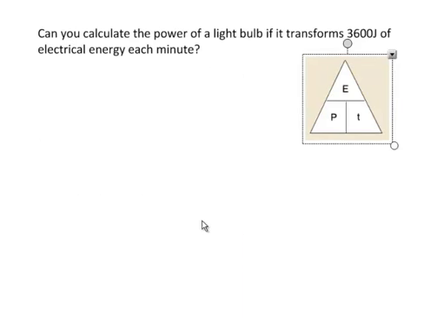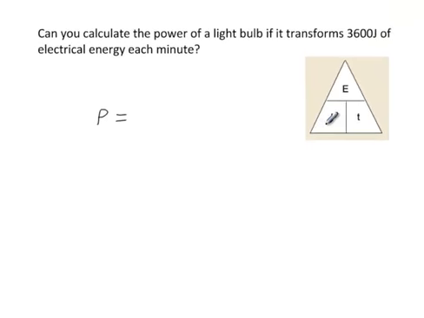Okay, here's a question we can have a go at. Can you calculate the power of a light bulb if it transforms 3,600 joules of electrical energy each minute? Well, I need to calculate power. I need P equals, well, I can look at my triangle, cover up the P, and I've got E, energy, over T, time.